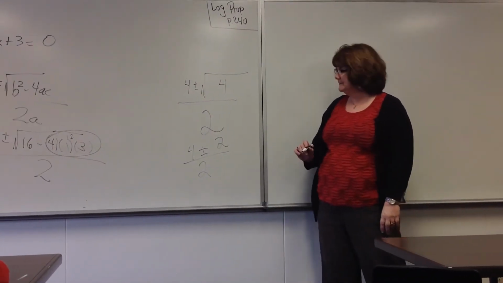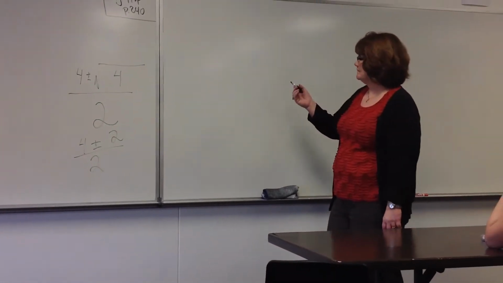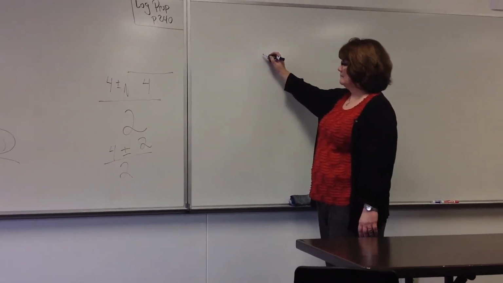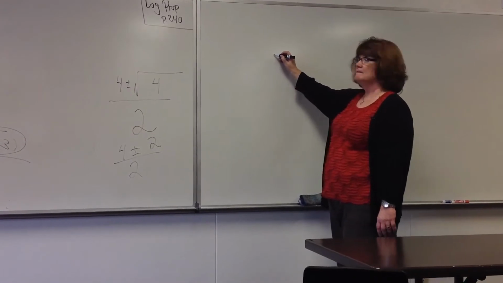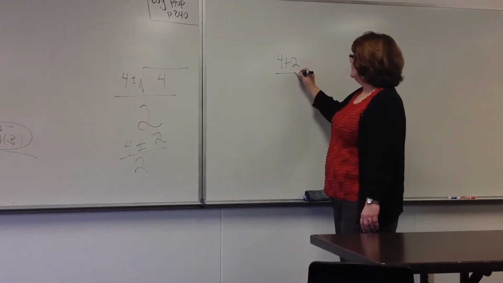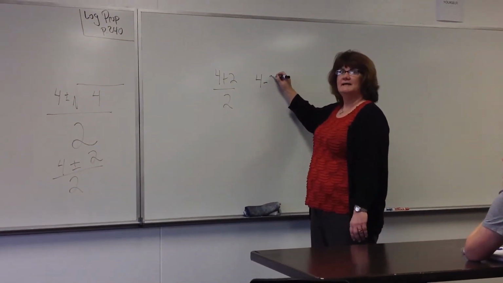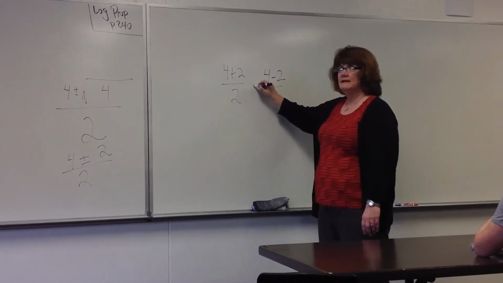Okay, Javier, what do we do? Would you simplify? Go ahead. Wouldn't it just end up with 2? So we have 4 plus 2 over 2, and we have 4 minus 2 over 2. You have 2 answers.